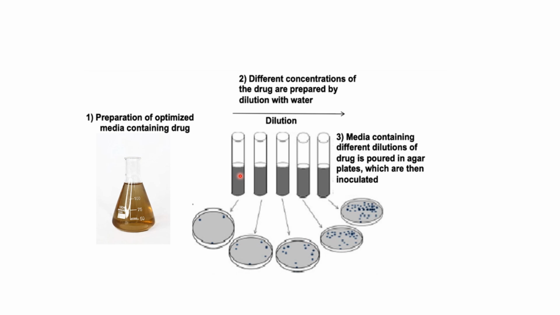That means the serially diluted media containing antibiotics we will pour into petri dishes, and after pouring this media into petri dishes, we will inoculate the bacteria into them, and we will incubate and observe the result.